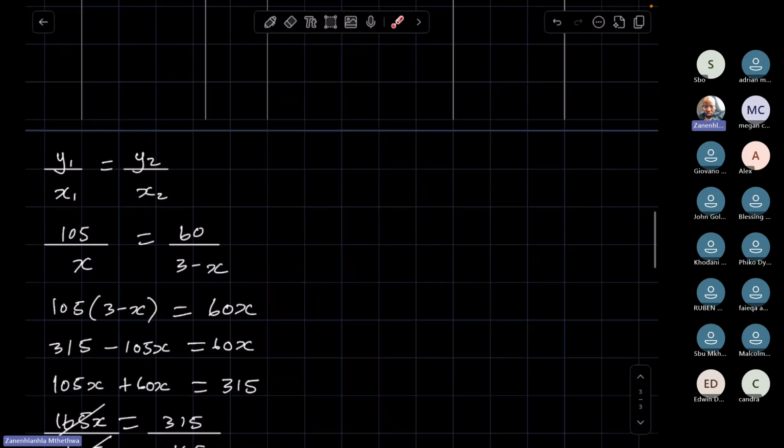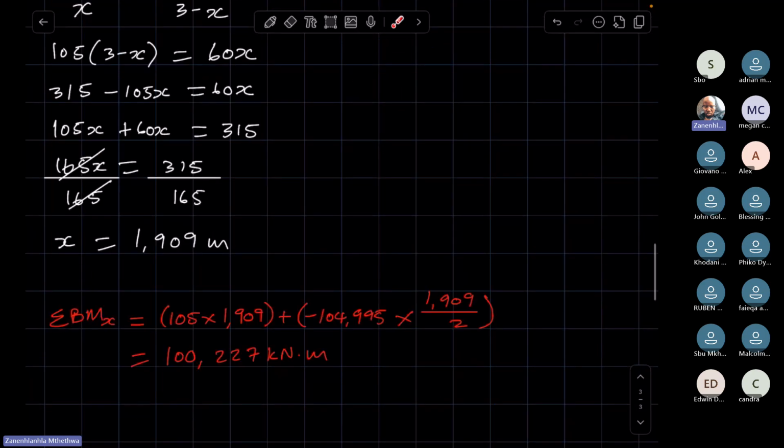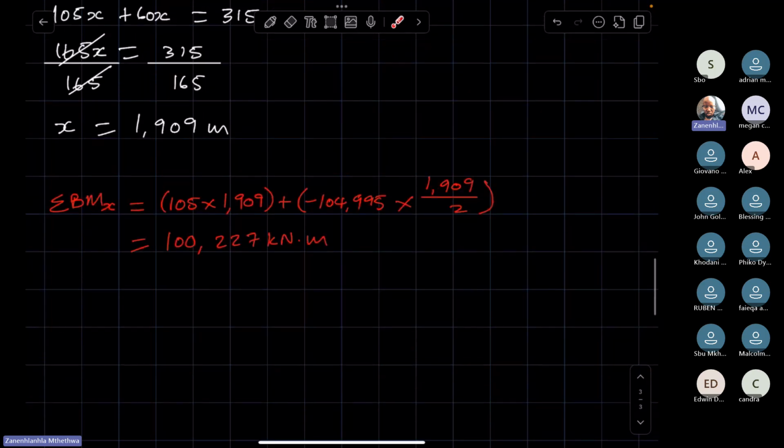Plus the only other force to consider is the weight of the UDL in this span, which, seeing that it is acting downward, we take as negative 104,995 times the distance between where that force is acting and our critical point. So times x over 2, and x over 2 is 1,909 divided by 2.